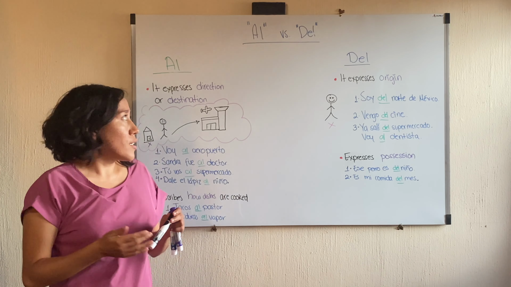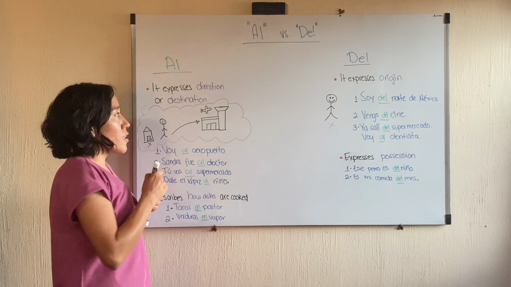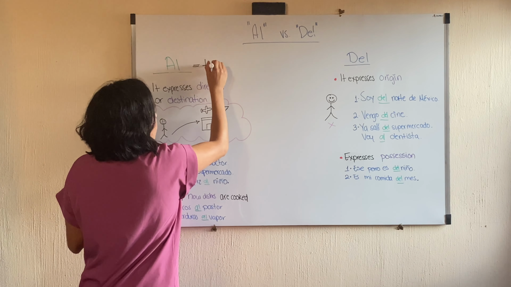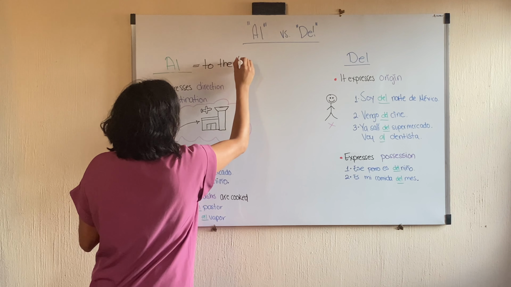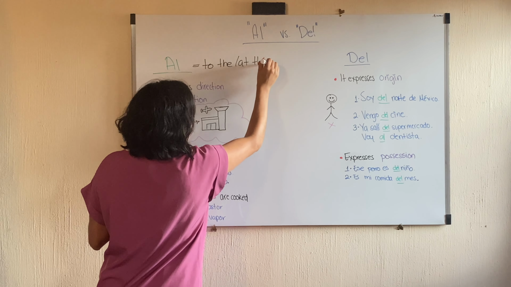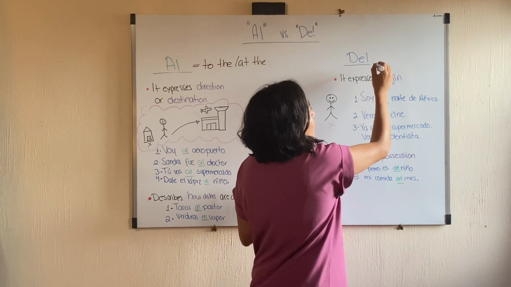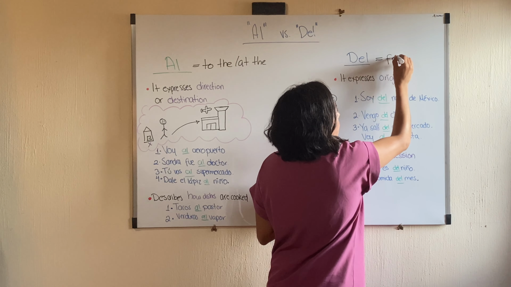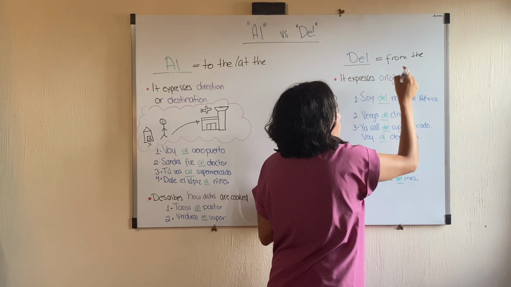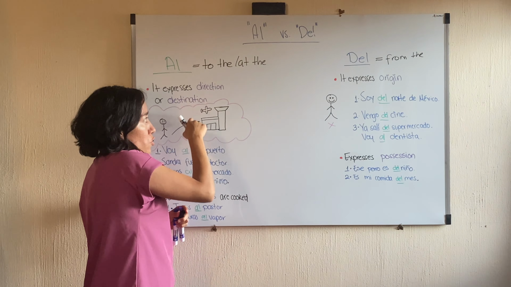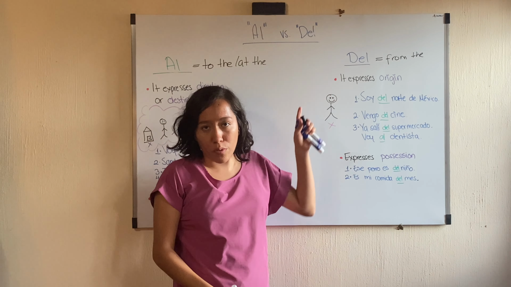So as you can see, al can be translated as to the or at the, and del can be translated as from the, when talking about direction and origin. Okay?